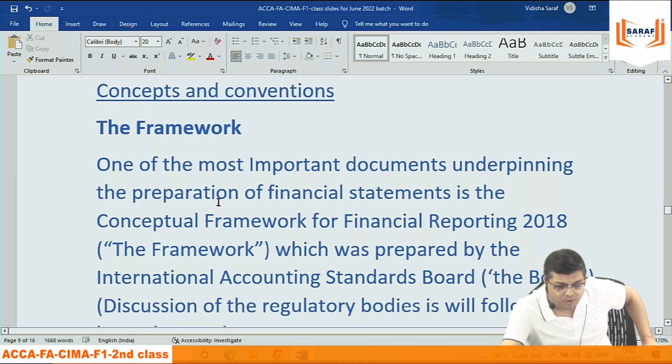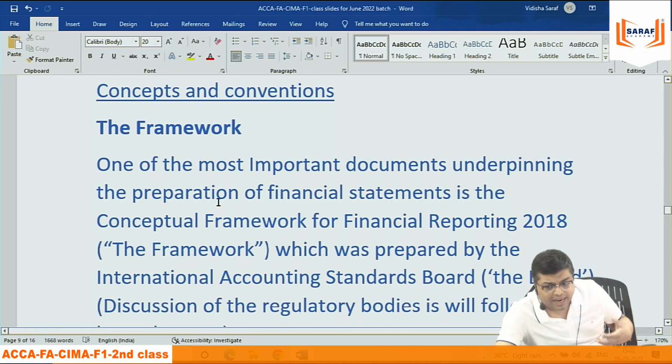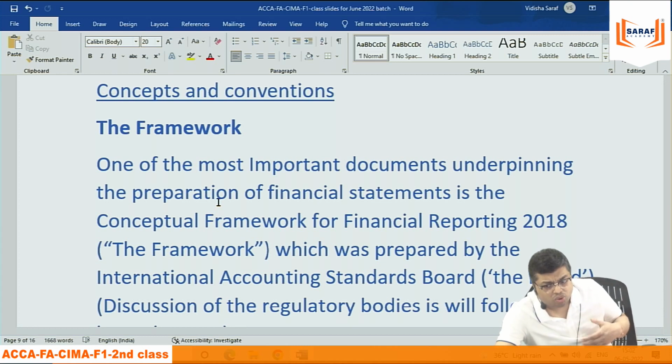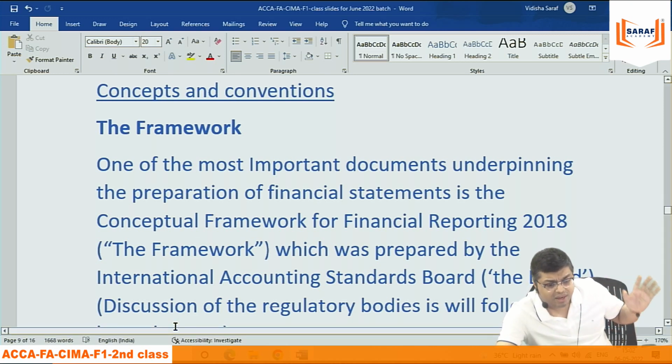To understand the framework, because it is pure theory, the student needs to first understand basic accounting: how to record sales, how to record purchases, how to record other revenue transactions, how to record purchase of assets, how to record sale of assets, how to record loan taken, how to record investment done, and so many things. When we understand the transactions, we will automatically be able to understand the framework in a much better way.